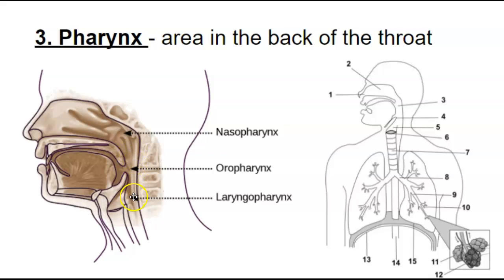If you take another biology class, maybe one in college, you'll learn that there are different names for different parts of the pharynx. The nasopharynx is the part on the top, the oropharynx, the laryngopharynx, but you don't need to know these different pharynx words. So the back of the throat.